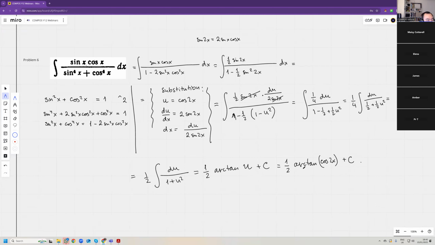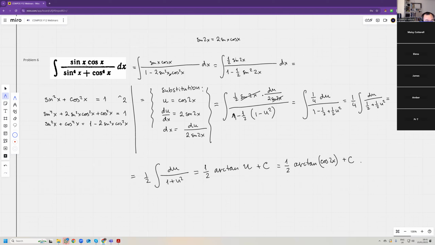So looking back, I had to notice that this thing is actually linked to this. Then I noticed that this is a double angle formula.